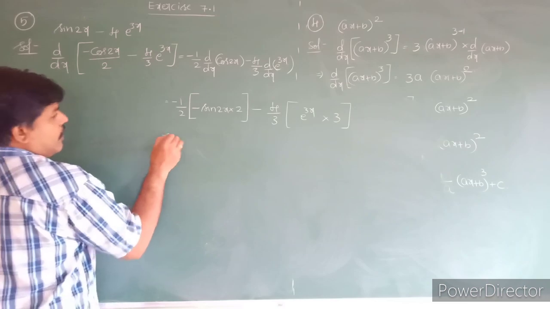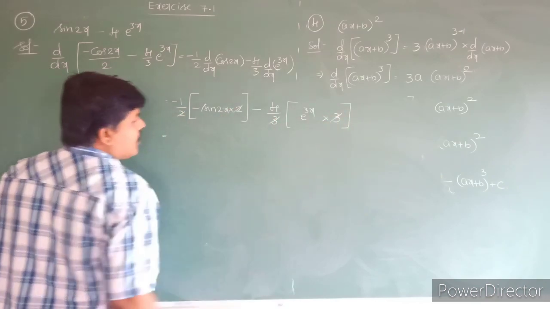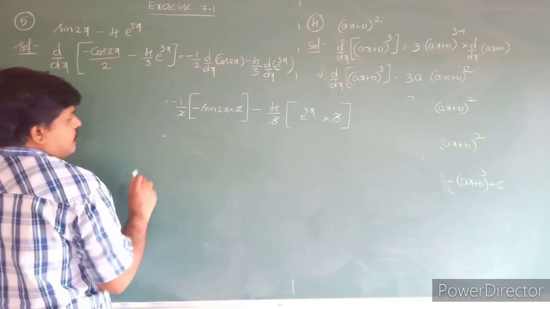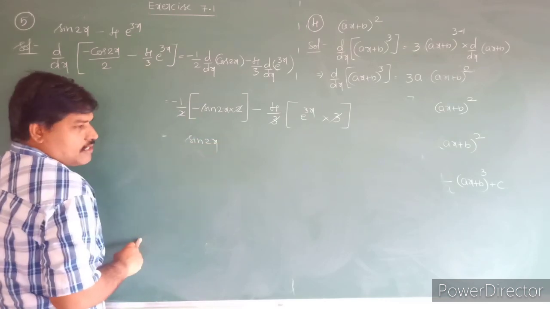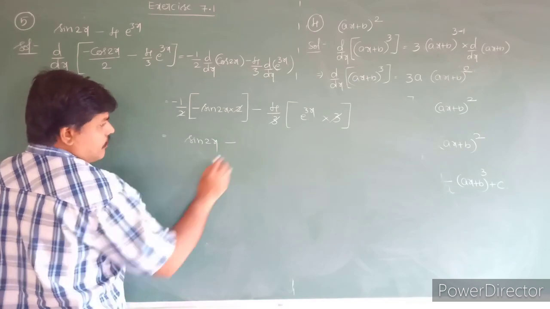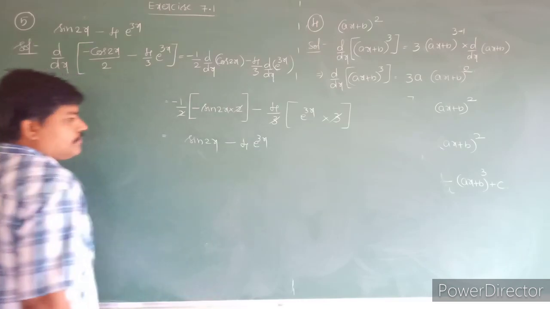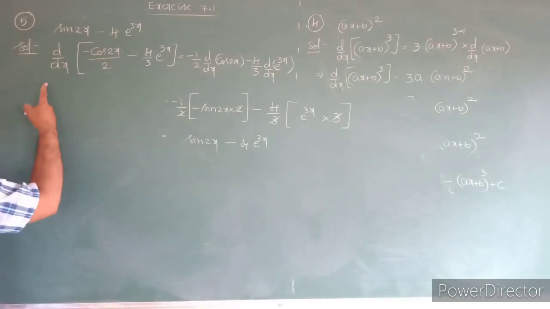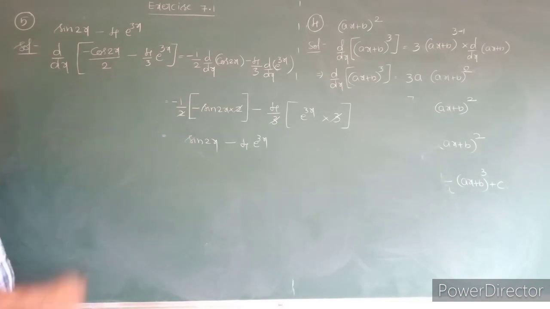So what happens? This 2 will be cancelled, and here 3 will be cancelled. What you will get: minus of minus is plus, so it becomes sin 2x minus 4 into e power 3x. So the derivative of this function is this one, and the integral of this function becomes this, yes or no?